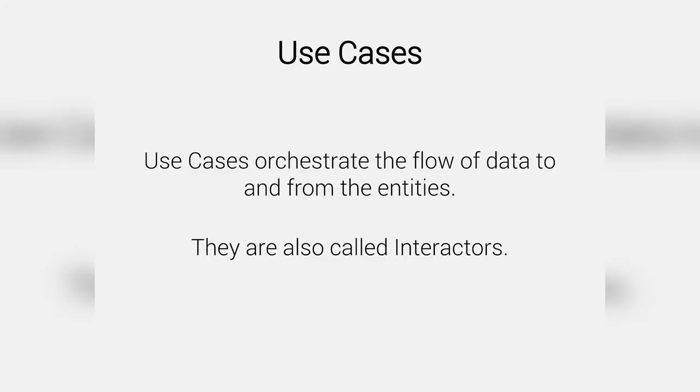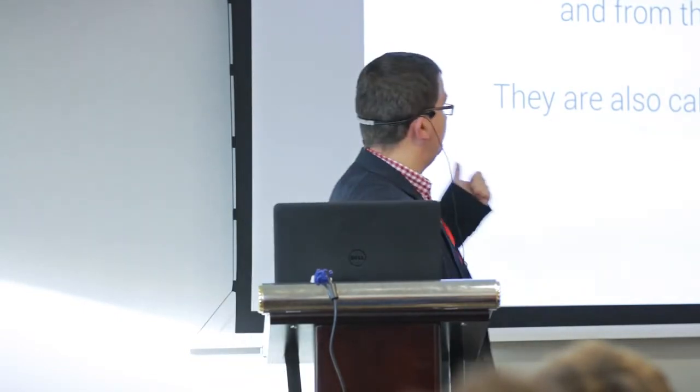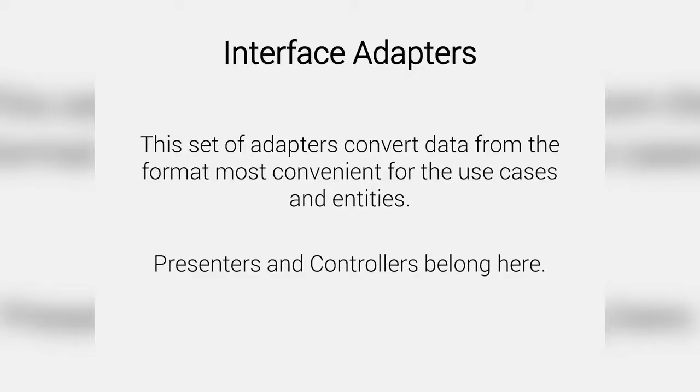In the case of use cases, we have the flow of our data in the application. So here we write most of our code, and this should be totally independent of the rest of the world. After that, we have the next ring, which is interfaces and interface adapters.